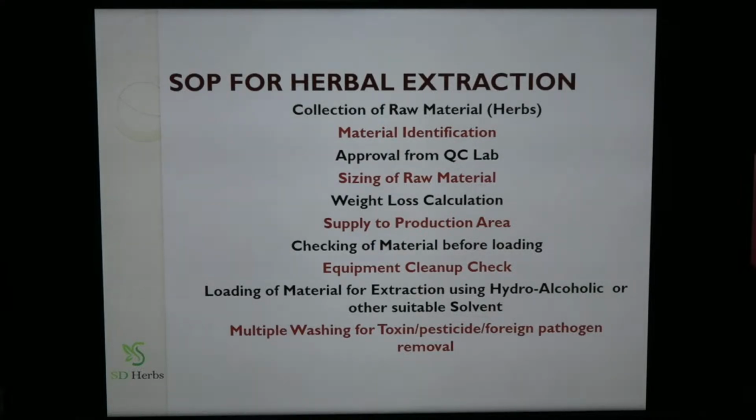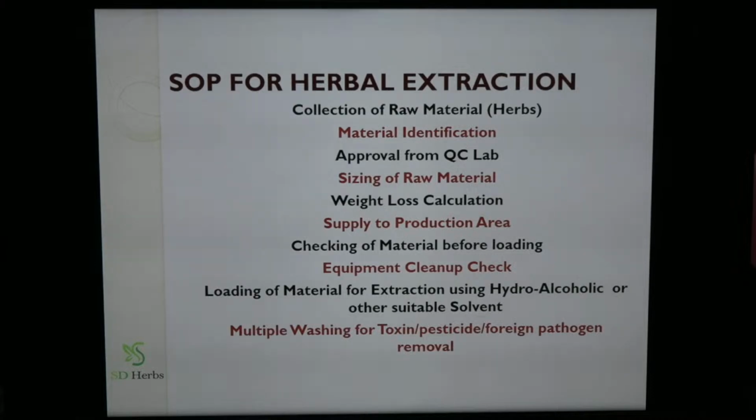Then sizing of raw material and the particle size reduction. What role is there? That is a separate field because this small segment is pretty important in the field of extraction. Okay, then the calculation of weight loss, production area to supply, then checking of material for loading, equipment cleaning, loading of material for extraction.